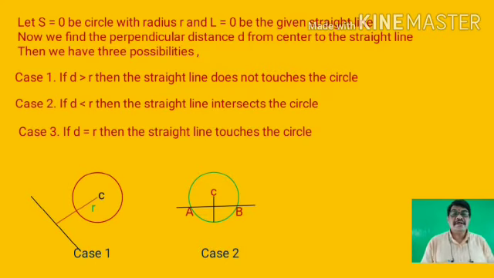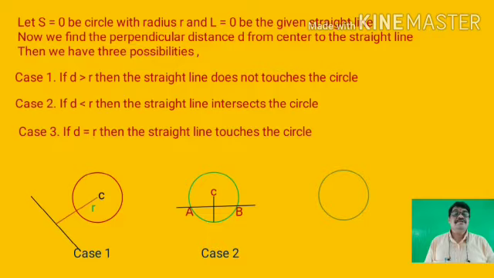And the third case is if d is equal to r, then the straight line touches the circle. In this case, the radius is equal to the perpendicular distance from the center to the line. So in this case, the line touches the circle. See this diagram.